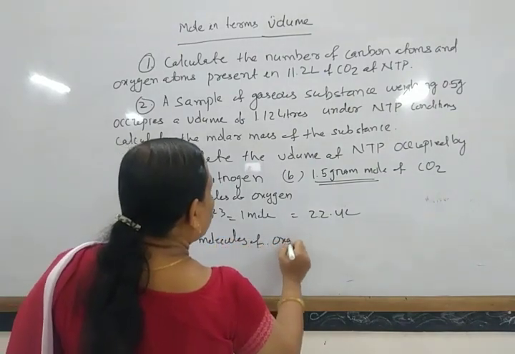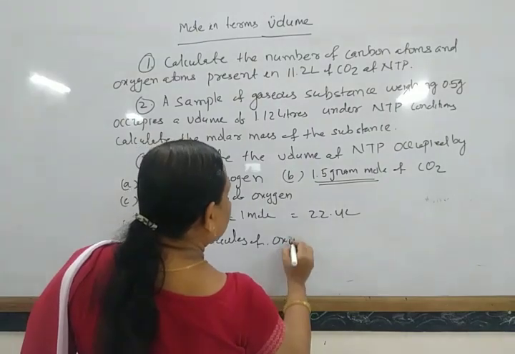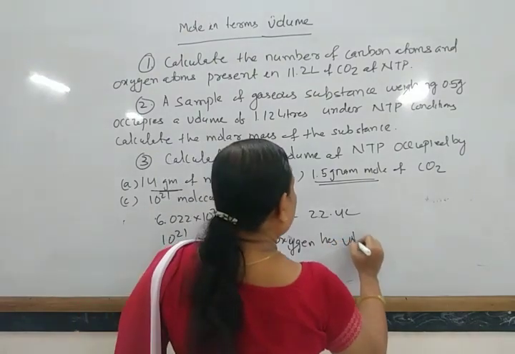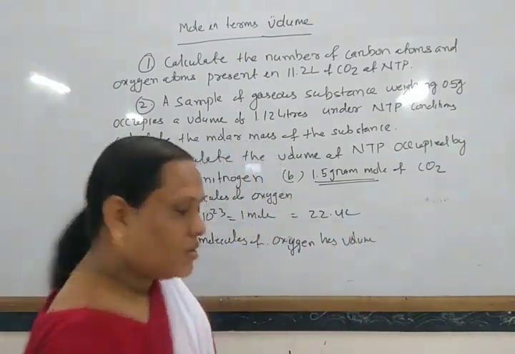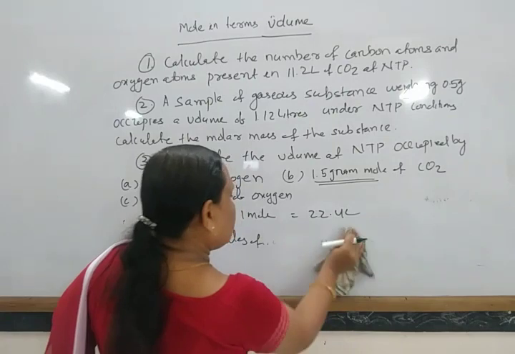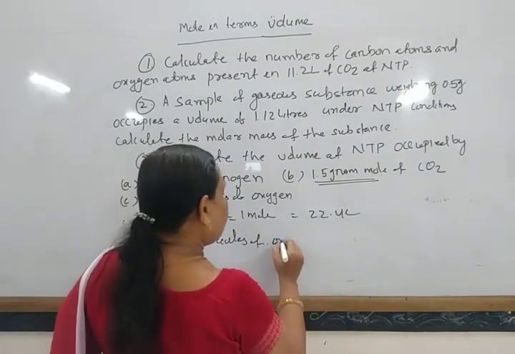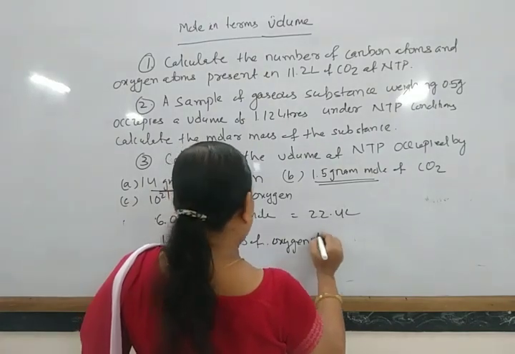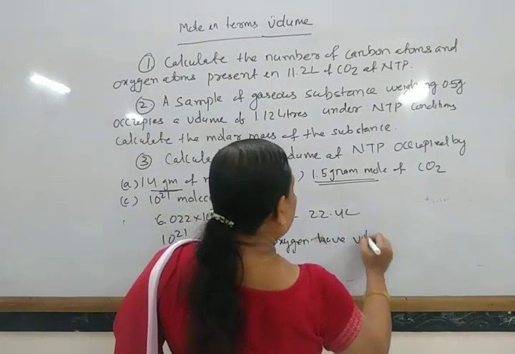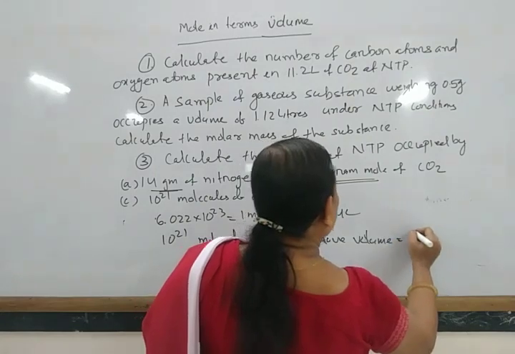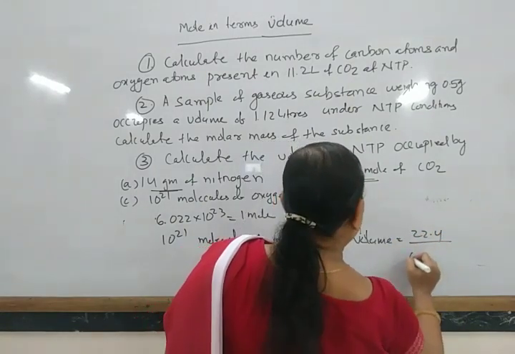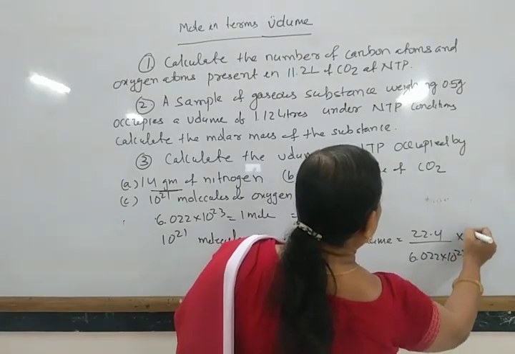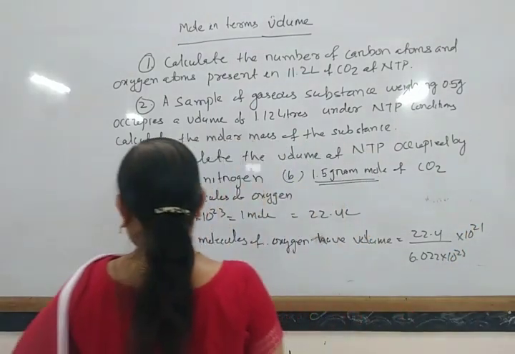of oxygen has volume 22.4 by 6.022 × 10^23 into 10^21.